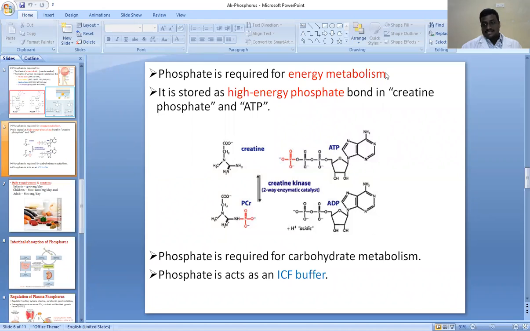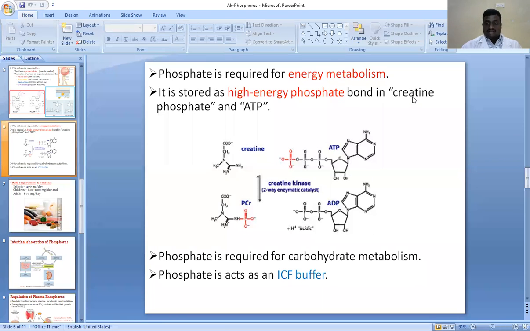So for that energy, some energy is stored as high energy phosphate. Examples of high energy phosphate are creatine phosphate and adenosine triphosphate. Creatine phosphate, you know, is stored in the muscle.